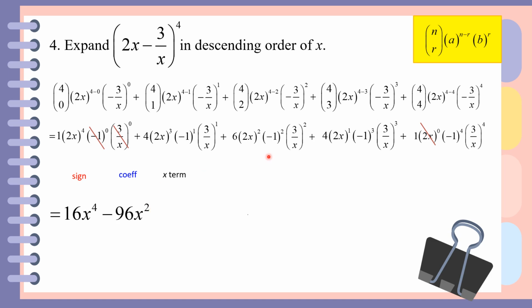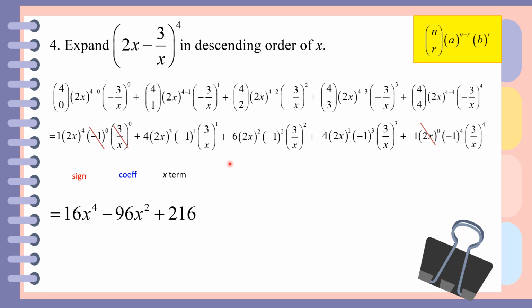Next, the sign here, negative 1 square, will be positive. 6 multiplied by 2 square multiplied by 3 square, that will give us 216. X square over x square will give us 1. So there will be no x term here.